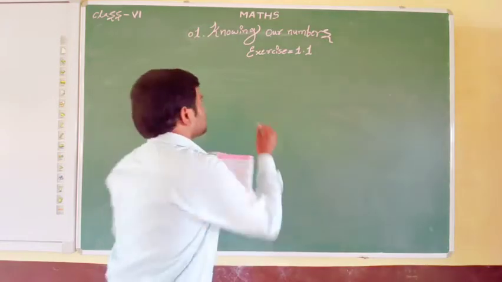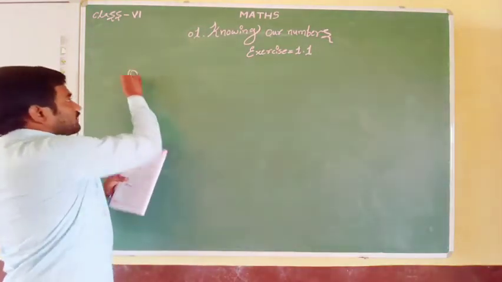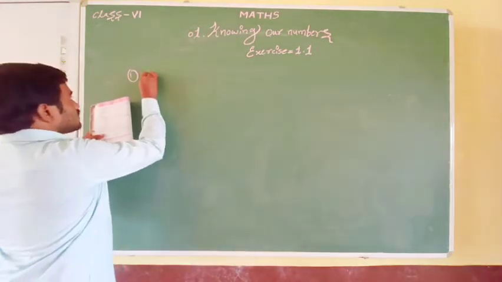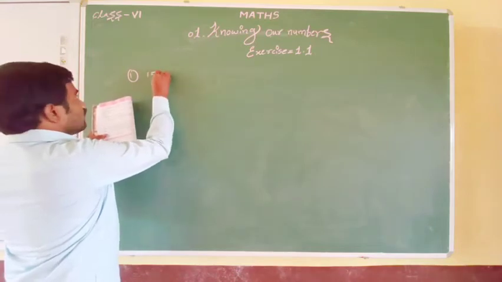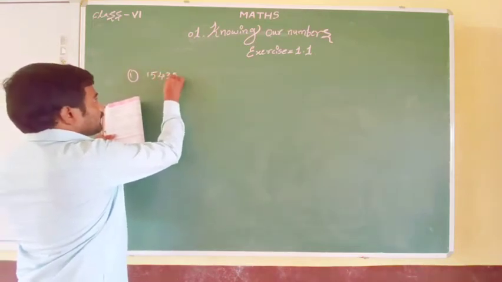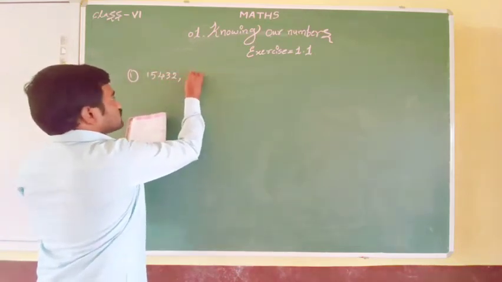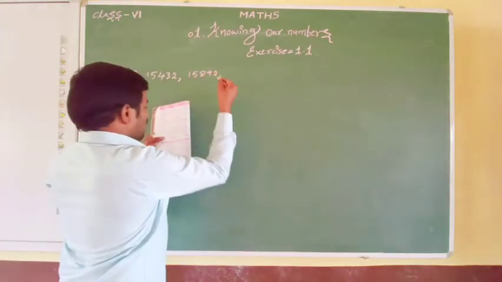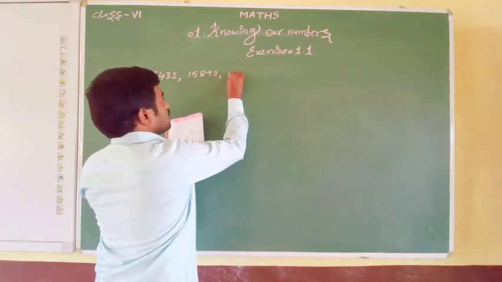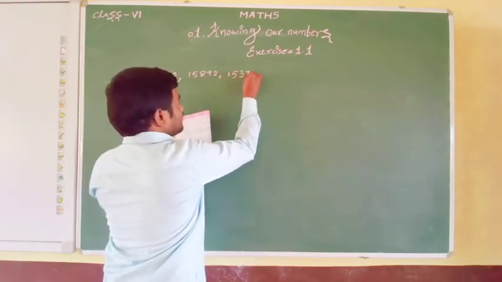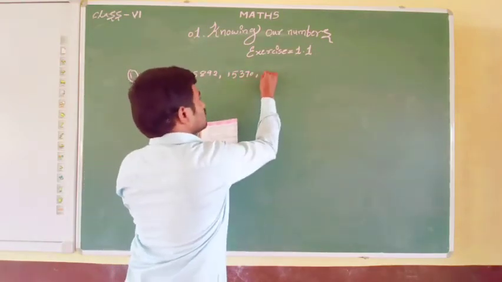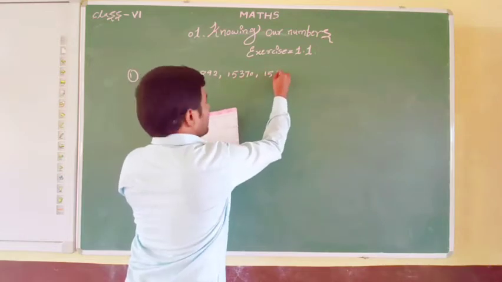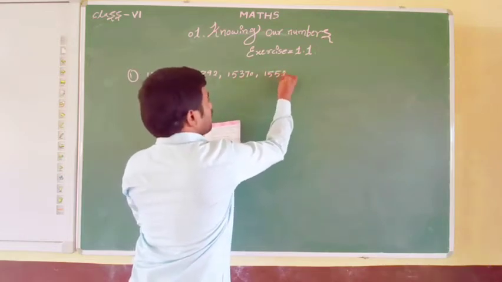Let me write the first question here: 15,432, 15,892, 15,370, 15,524.